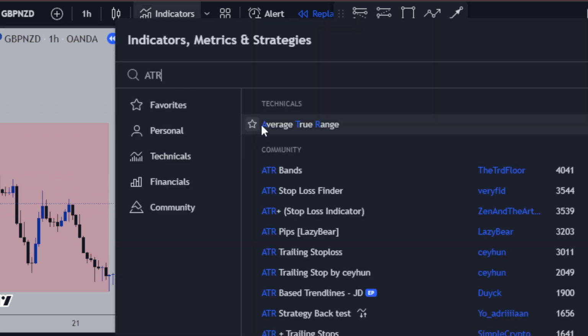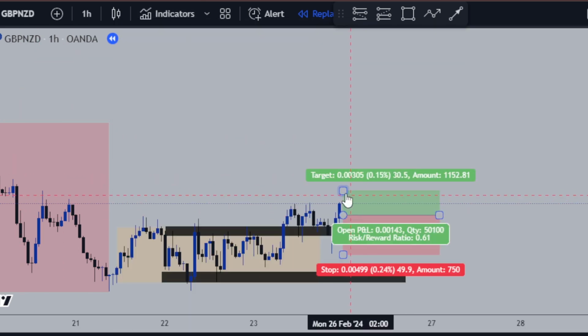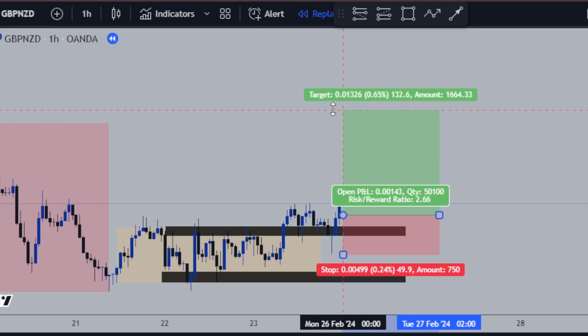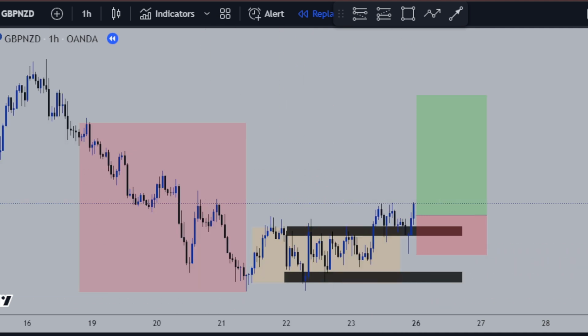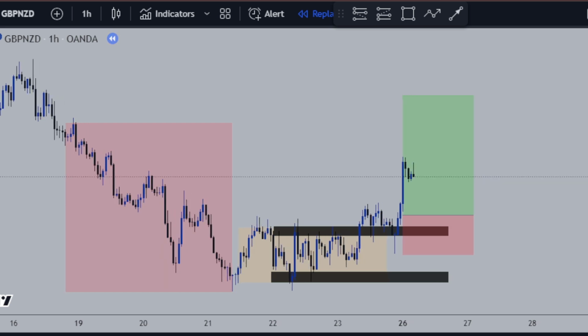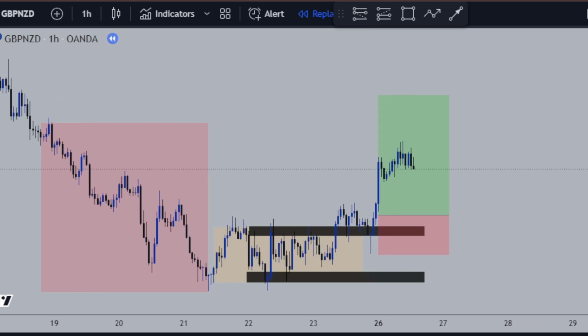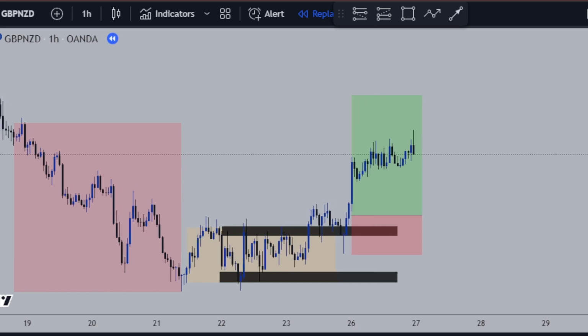You just want to place it a few pips below your zone. You can use the ATR indicator for that. And then your take profit should be 3 times the risk, especially if you get the trade just after the breakout, because if this is an uptrend, of course, it's going to take a lot of time and you can profit a lot of money. So that's the first way that you can trade this strategy.